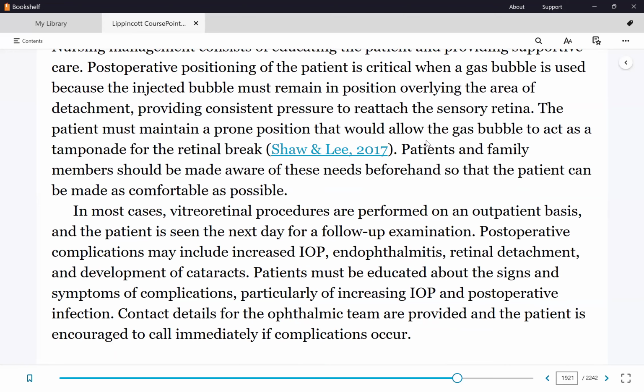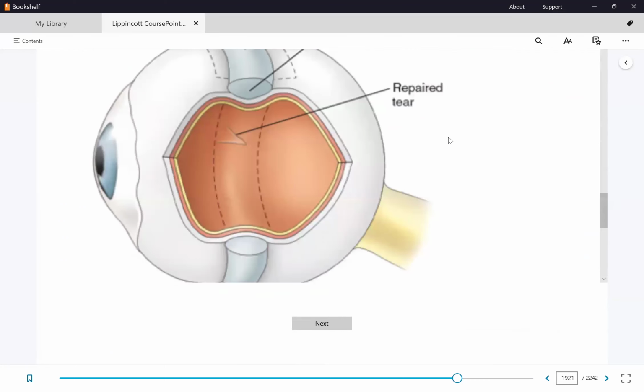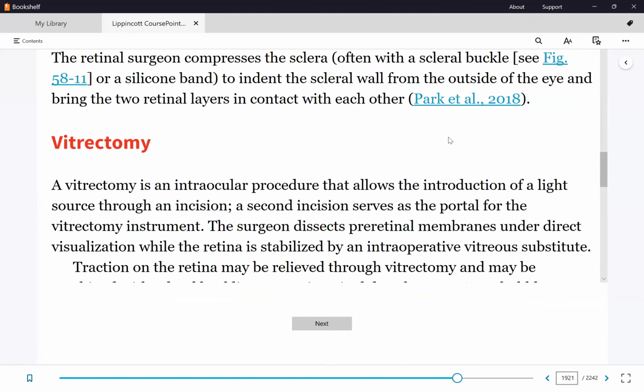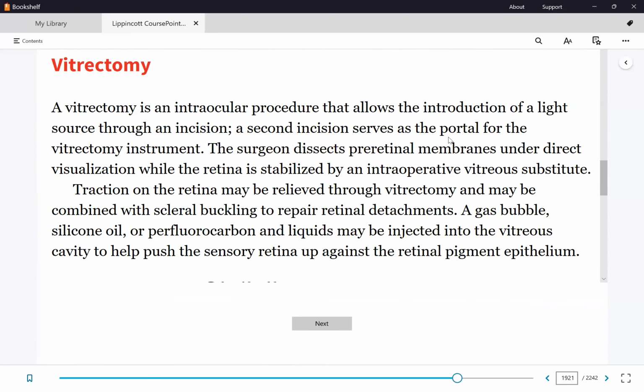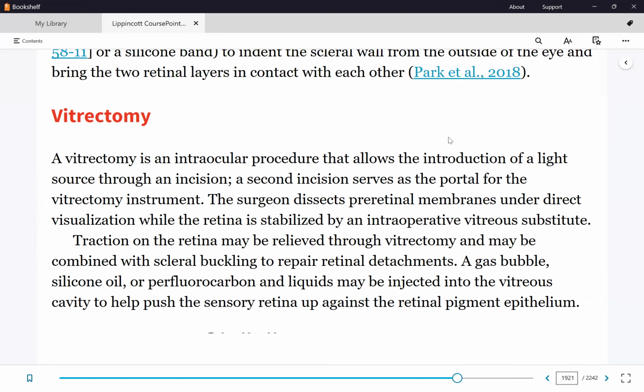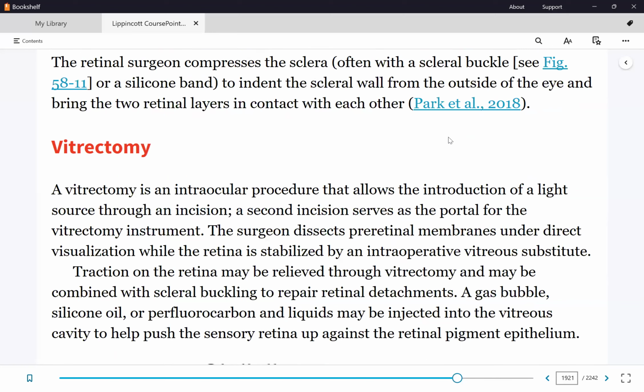So in vitrectomy, which is an option besides scleral buckling, is the injection of a gas bubble, silicone oil, or perfluorocarbon. These liquids and gases are denser than atmospheric air.